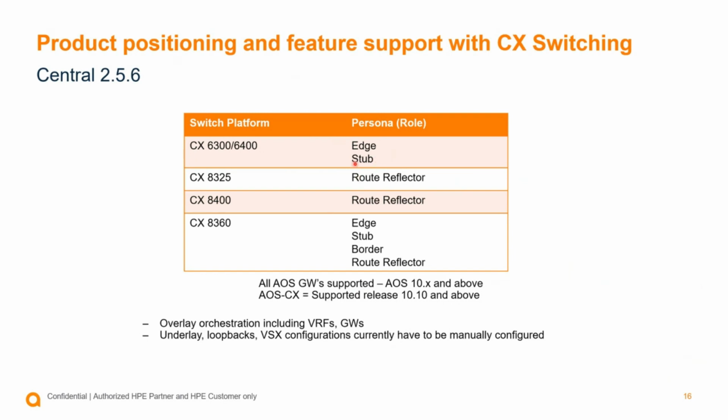Stub will be for a device at the edge of the network interconnecting to an Aruba gateway with a static VXLAN tunnel. A route reflector would be in the spine of the network, and the border would be interconnecting one fabric to another at the edge.